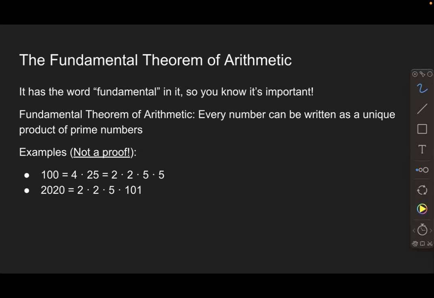You're not going to have two numbers equaling the same product of primes. An example is 100, which can be factored into the prime numbers 2 times 2 times 5 times 5. Similarly, 2020 can be factored as 2 times 2 times 5 times 101.